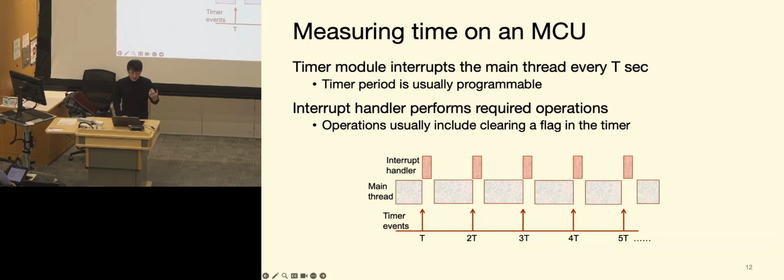Every time that happens, it clears one of the flags and goes back. The flag is usually stored in one of the registers for the timer specifically. We will also introduce that later. But basically, this is a very classic use of a timer for a periodic event.